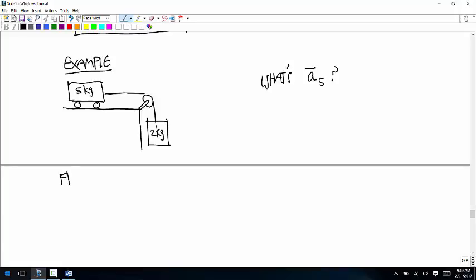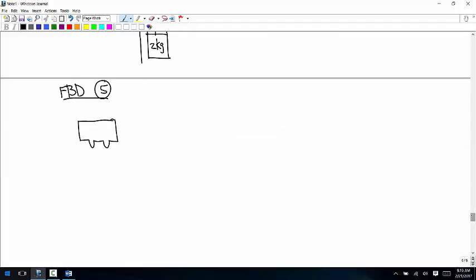So a free body diagram of the 5 kilogram. We have a weight of 5 times 9.81. A normal force, I'll call it N5.